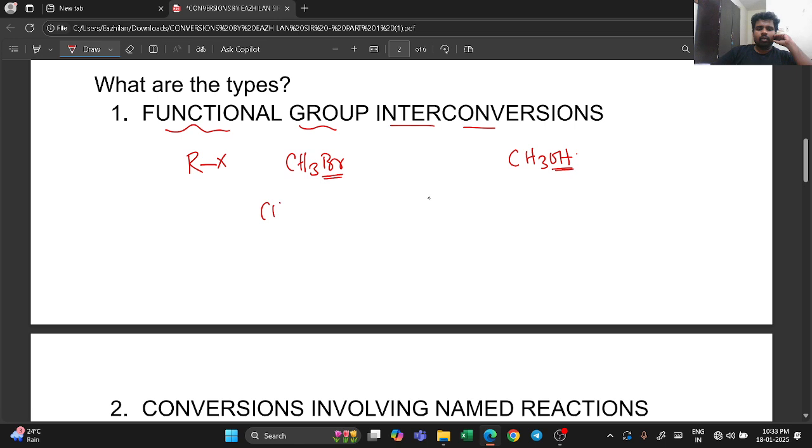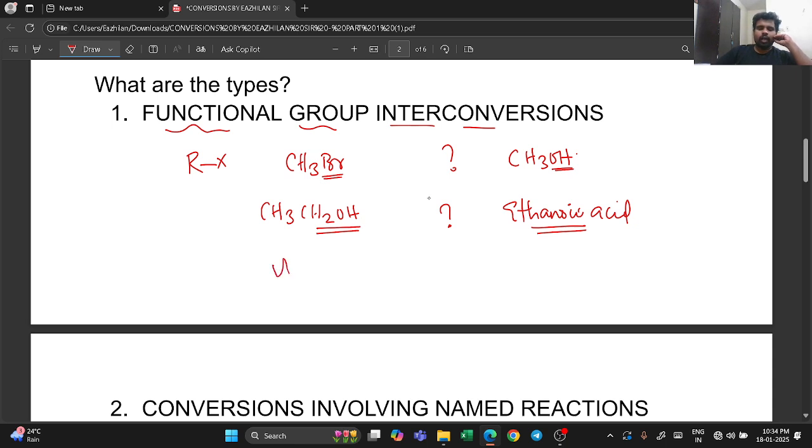You may be given an alcohol, suppose CH3CH2OH, ethanol, and be asked to prepare ethanoic acid. Here we have an alcohol functional group, and here we have a carboxylic acid functional group. So what reagents are you going to use for this conversion?